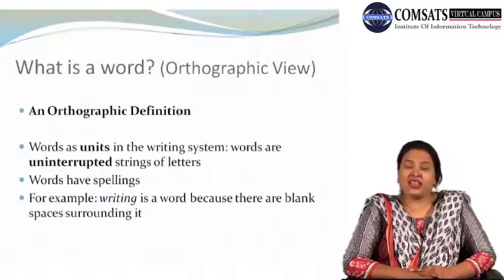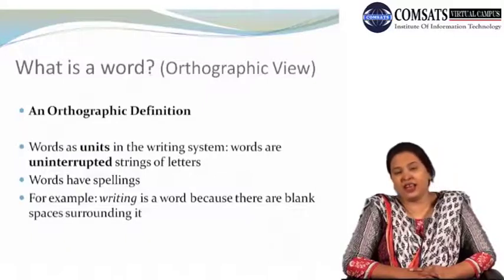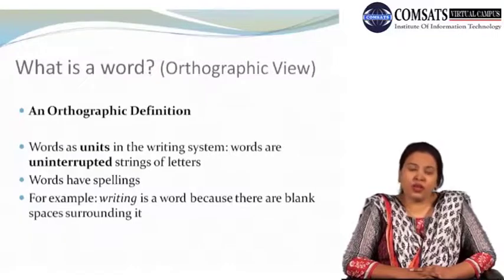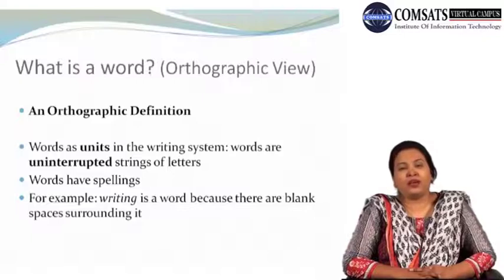So when we see spaces in between the words, we treat it as a word, and then there is a space, and then there is the next word, then there is a space, and there is the next word. So this way we calculate the number of words in written language, because we know the words are composed of the alphabets, they have the proper spelling, and they have some written form and are separated by some spaces.